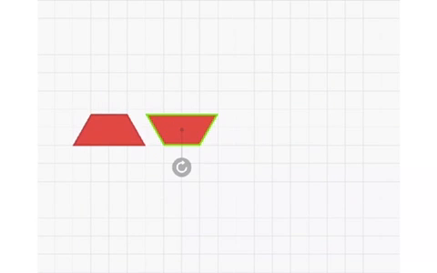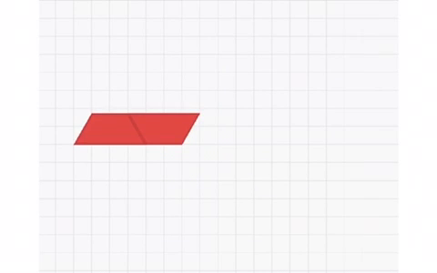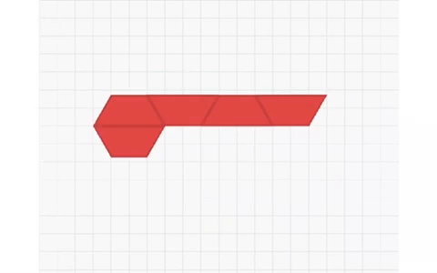So instead what I want to do is actually first rotate the shape, as you can see here, and then translate it or slide it over so that the 2 edges right here meet. I can continue adding trapezoids one after the other, making sure that there's no gaps and that they're touching until my pattern is as long as I would like it. Then I can continue my pattern by adding a row underneath.